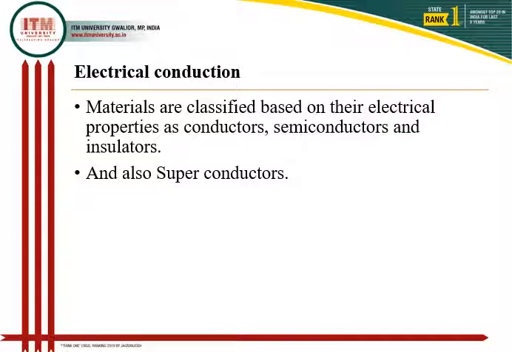First, we started with the classification of the materials in two types: good conductors and bad conductors. Good conductors are those in which electricity conducts very easily. Those materials that allow electrons to pass are called good conductors.